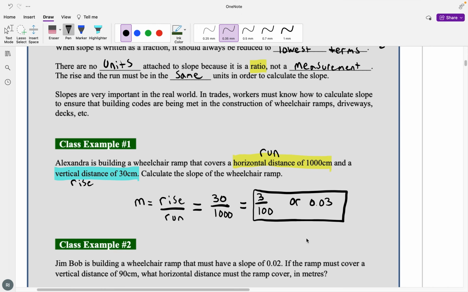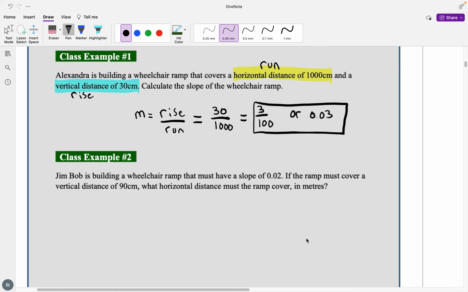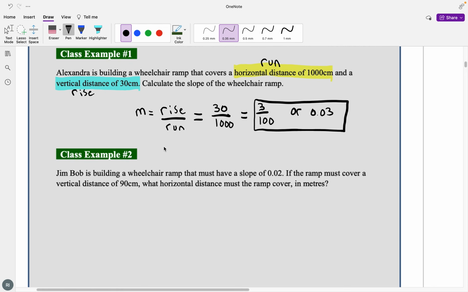Now I will read class example 2, and we will do that one together as well. Jim Bob is building a wheelchair ramp that must have a slope of 0.02. If the ramp must cover a vertical distance of 90 centimeters, what horizontal distance must the ramp cover in meters?